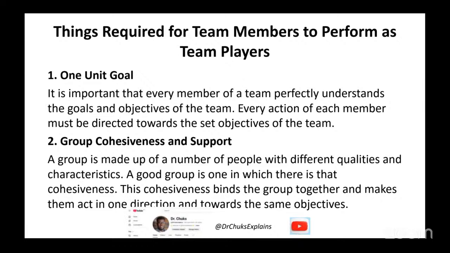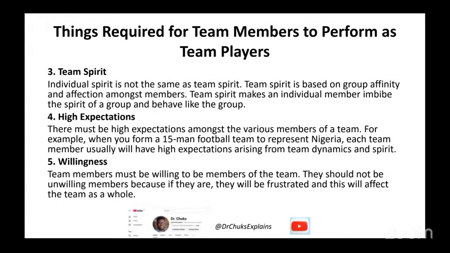So a good group is one in which there is that cohesiveness. And what is this cohesiveness we are talking about? This cohesiveness binds the group together and makes them act in one direction and towards the same objectives. And once they can work in that manner, we can say they are cohesive because they are working like one unit.